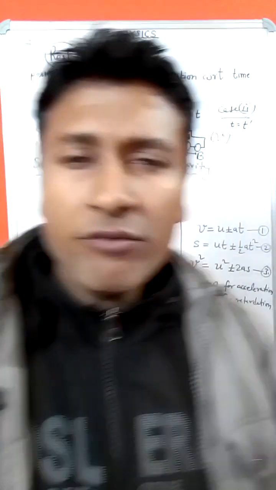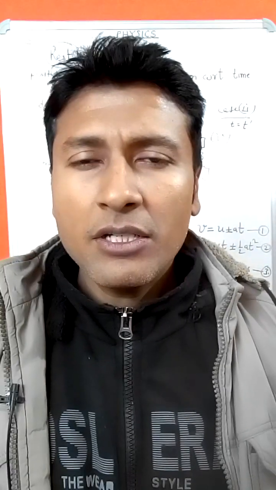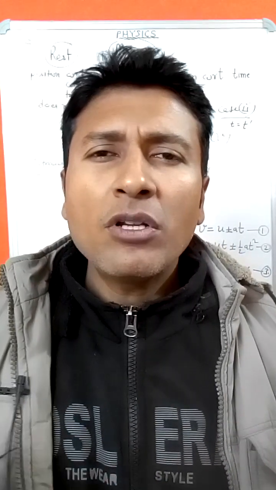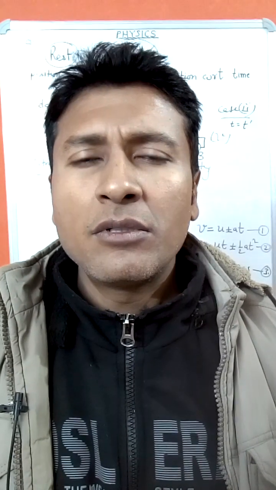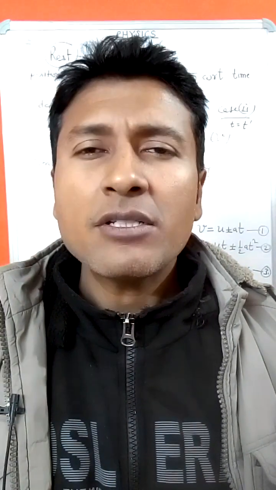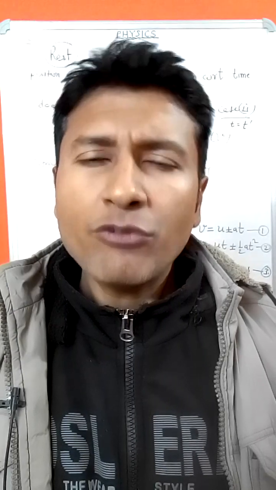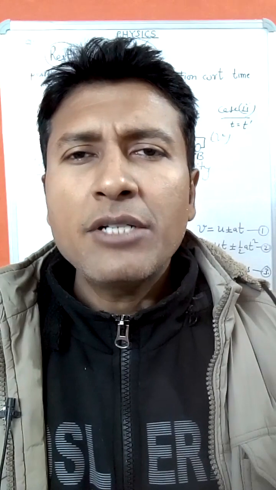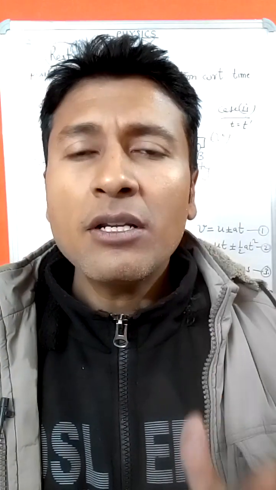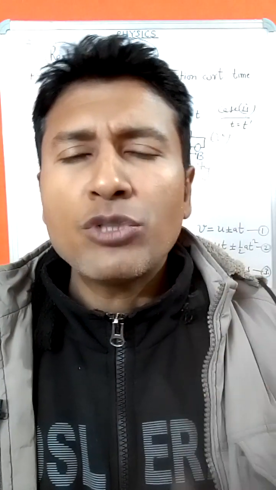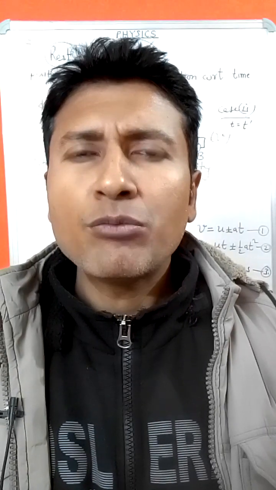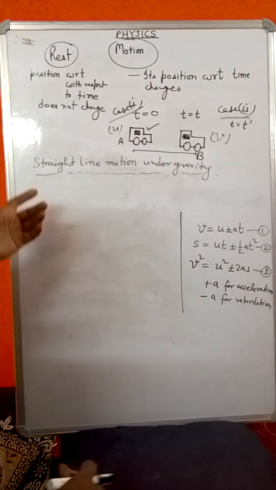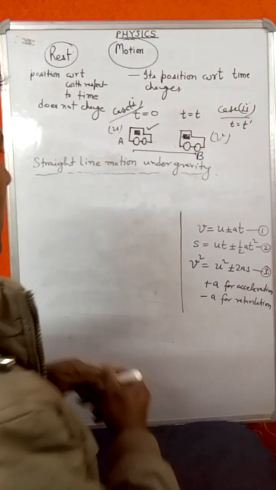Now, earlier what we have studied is basically the straight line motion of a body on a horizontal plane, correct? Now we will study, of course, the straight line motion in the vertical plane, right? So basically the vertical plane motion of a body under gravity, right? So this will also be a straight line motion under gravity.